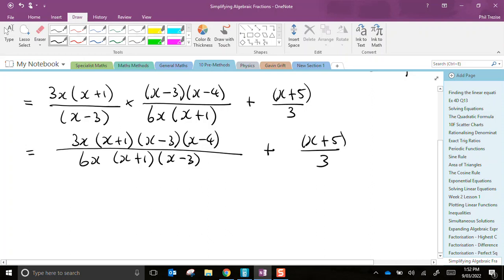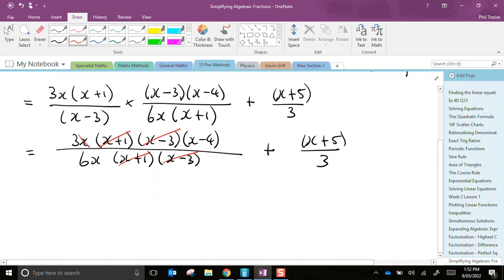Now remember, when I've got a fraction and all the terms in the numerator and all the terms in the denominator are multiplied, I can cancel things which are the same. So not worrying about the x plus 5 over 3, just worrying about this big giant fraction I've got. I can cancel the x plus 1 term. I can cancel this binomial term because they're in common.